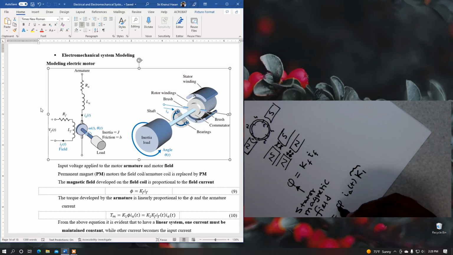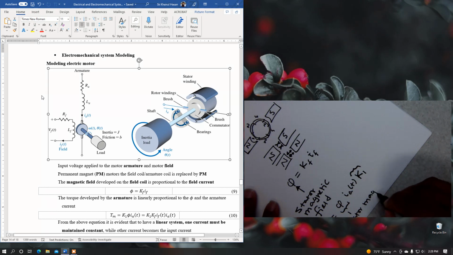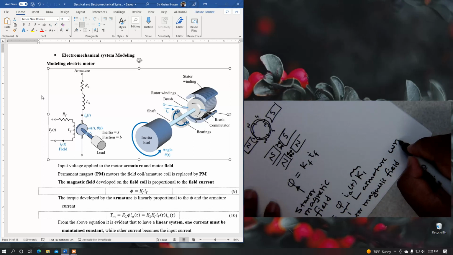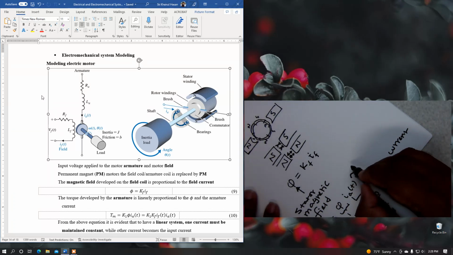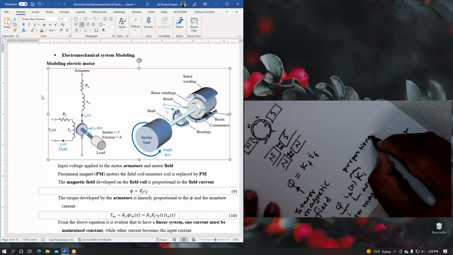At an instant the motor torque is proportional to the stator magnetic field, and here is the armature current, and here is the proportional constant.